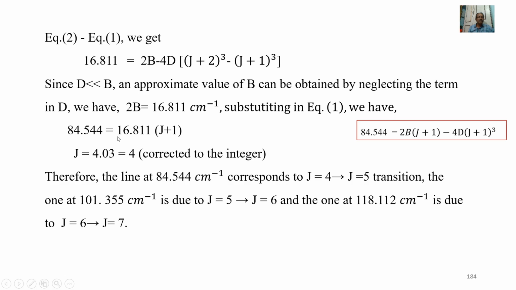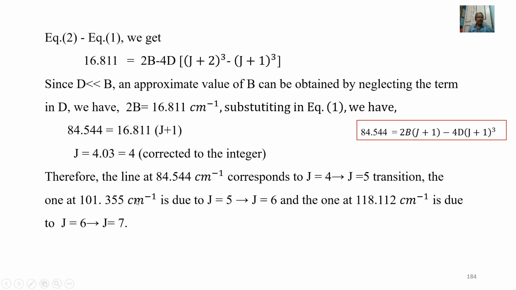Simplifying, we get the value of J as 4.03, which is 4 corrected to the integer. Therefore the line at 84.544 per centimeter corresponds to J equals 4 to J equals 5, as it is given J to J plus 1.